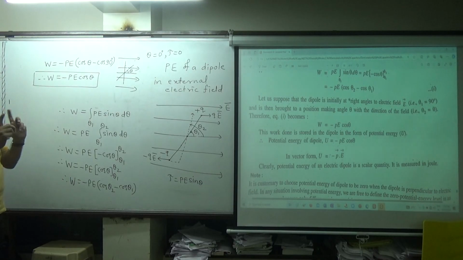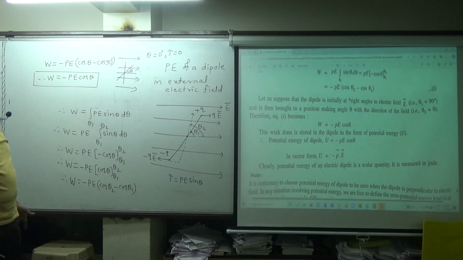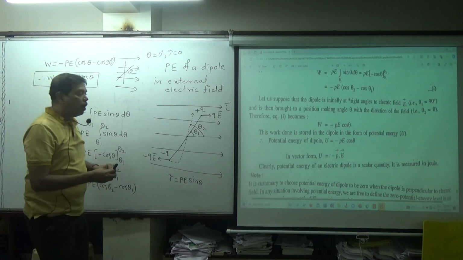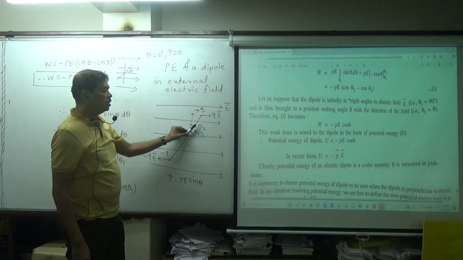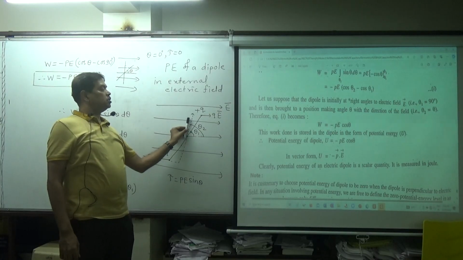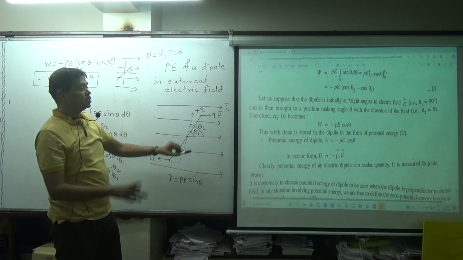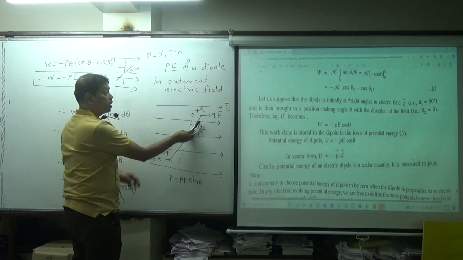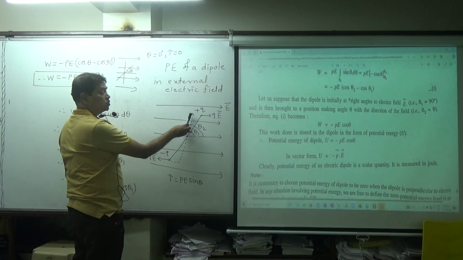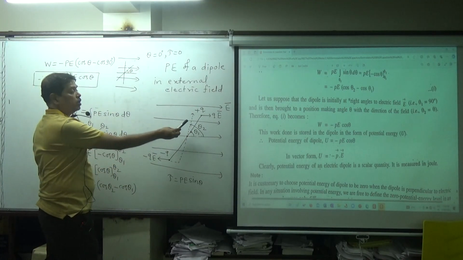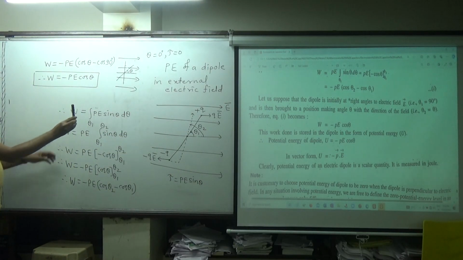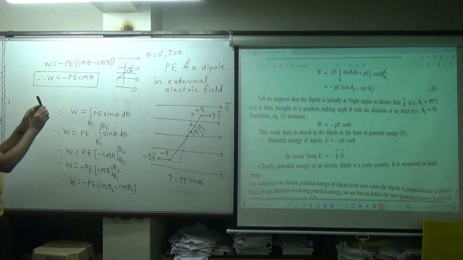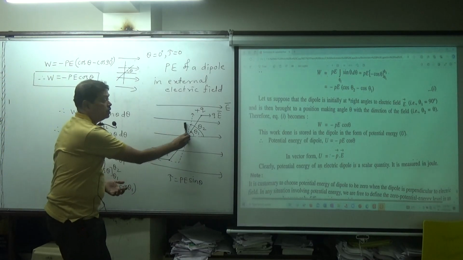Now you will have a confusion in mind: when we started, I said it was rotated against the torque of this field, and here the confusion is that we rotated against it. Why are we saying this?